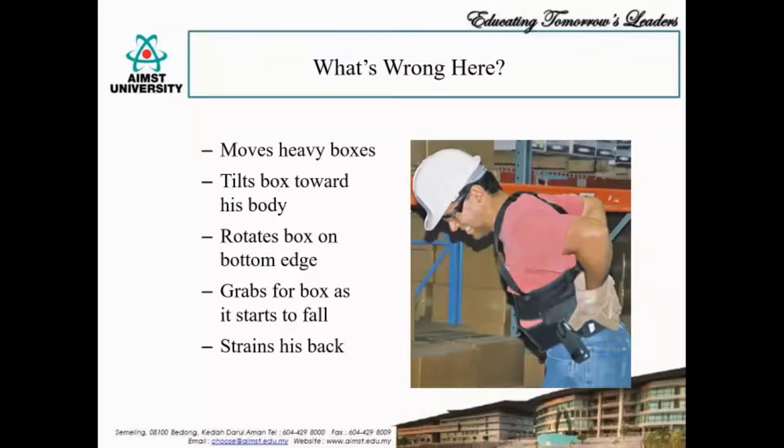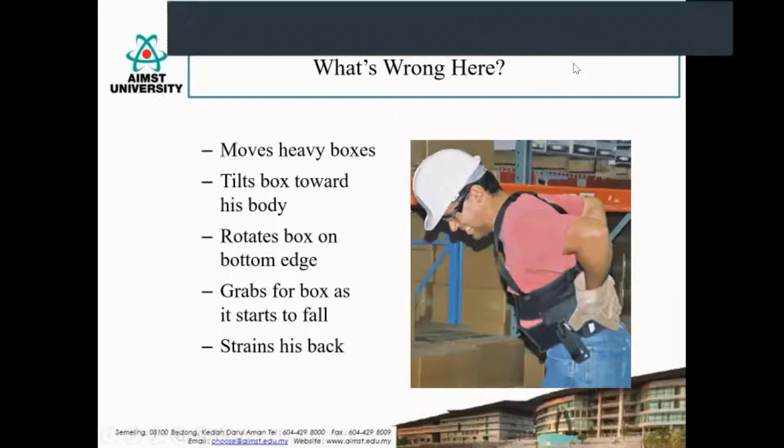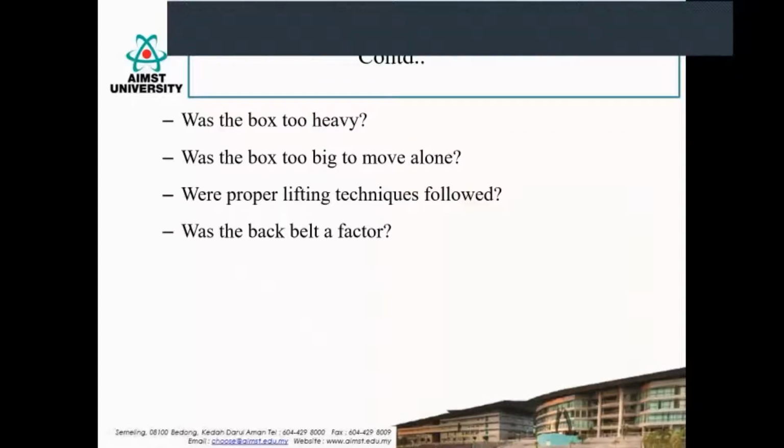First thing is, whenever the object is heavier, you need to look for assistance. Then when you are tilting the box, you should not tilt it towards your body. Sometimes if it falls, it will be falling on you. Then when you are rotating the object on the bottom edge and it is falling down, do not grab the box. You have to leave it. If you try to grab, then you will be straining your back.